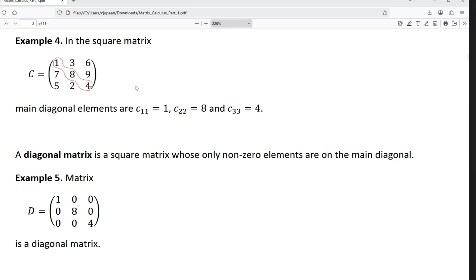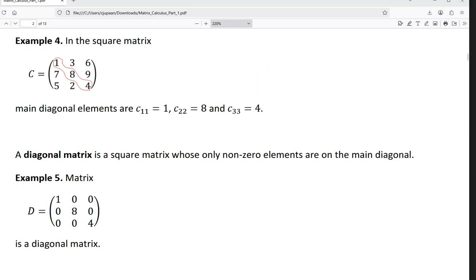In some matrix calculation rules these diagonal elements have a special use, but I'm not sure if we will go through that during this course. You may find some calculation rules where you use only those diagonal elements.